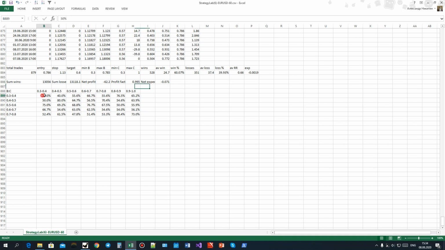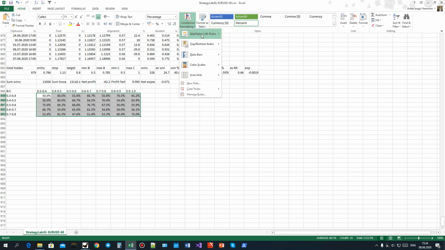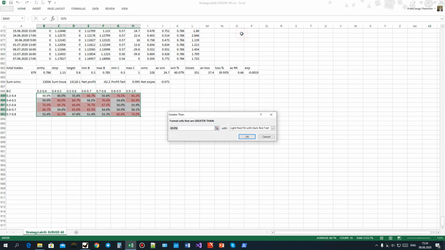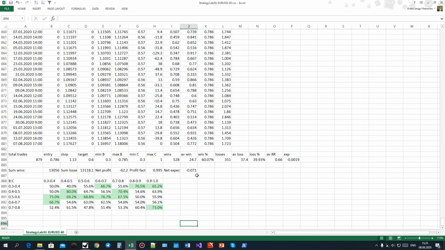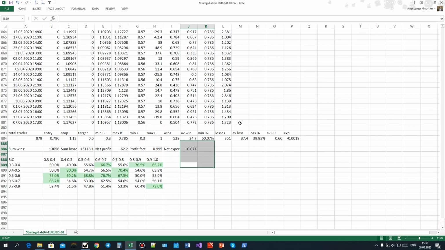Everything that is above 65 should be traded, and everything that is below 65 should not be traded. So we say this should be 65 and it should be green. Now you can see those patterns that should be traded. Let me zoom it in and show it to you.